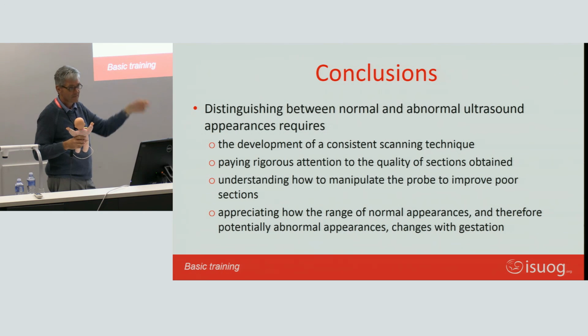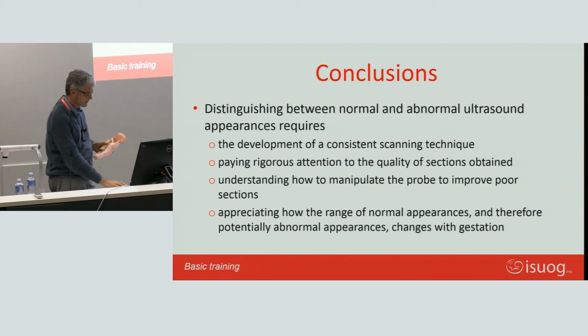It's like the story of learning to distinguish between real and fake jade. If you just handle it, your subconscious starts picking up. If each time you have the gestational age and you know that this is a 26-week baby, this is a 32-week baby, and then suddenly you see a 32-week baby looking like a 26-week baby, your little alarm bell starts ringing and says something's not quite right.